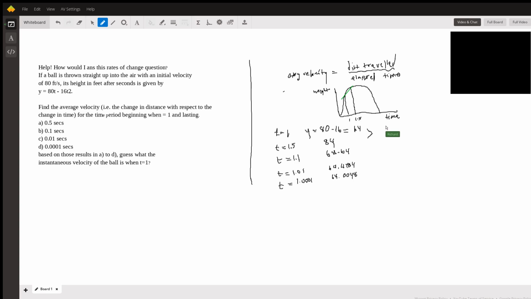So it's 84 minus 16 over 1.5 minus 1. So 84 minus 16 is 68, divided by 0.5 is 136. And the units we're using here are feet per second.